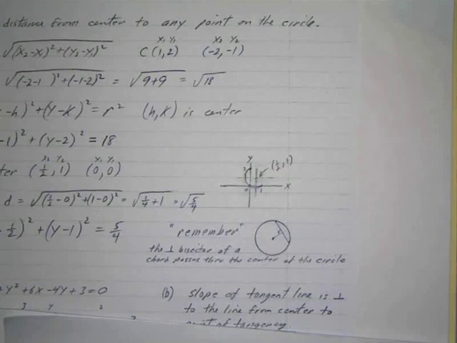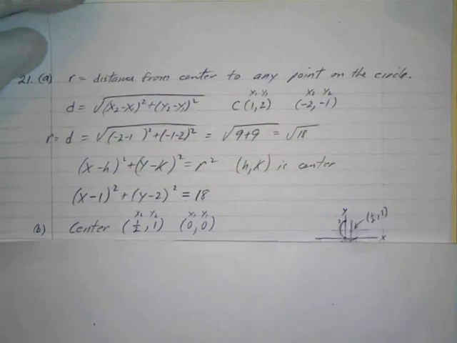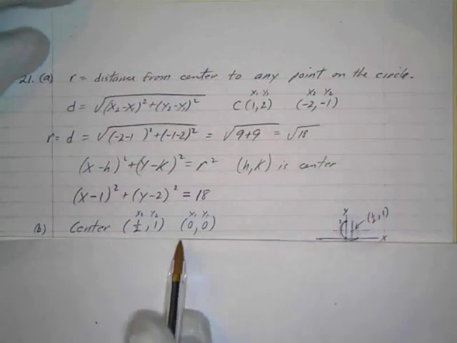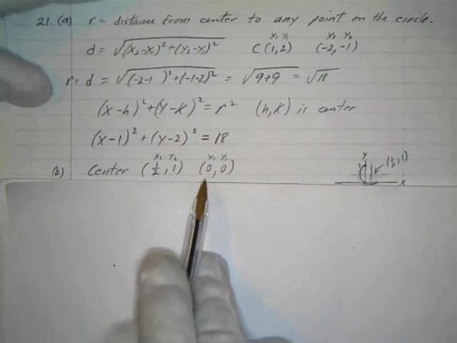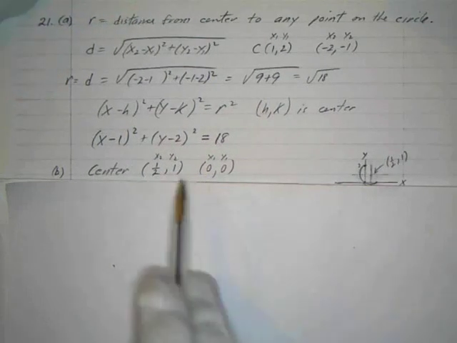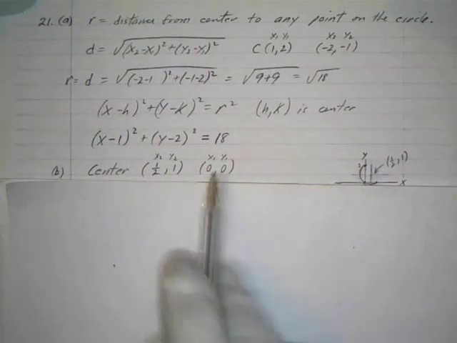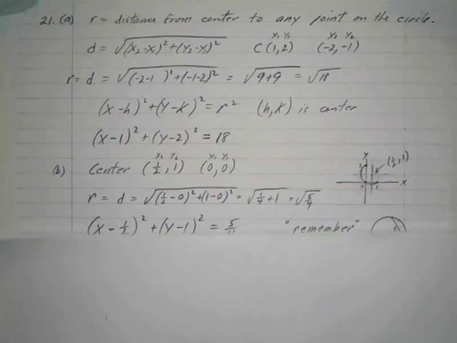Now once you have the center, let's get back to where we were before. We have all these points on the circle, but the easiest one to use is (0, 0). So I'm going to use (0, 0) to find the radius. I already have the center, just like in the first problem. So again, I'll use the distance formula. Here's my distance formula.